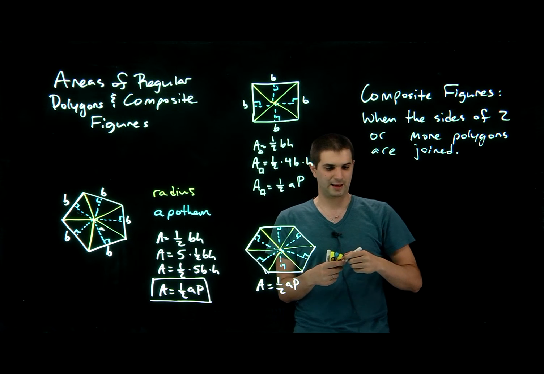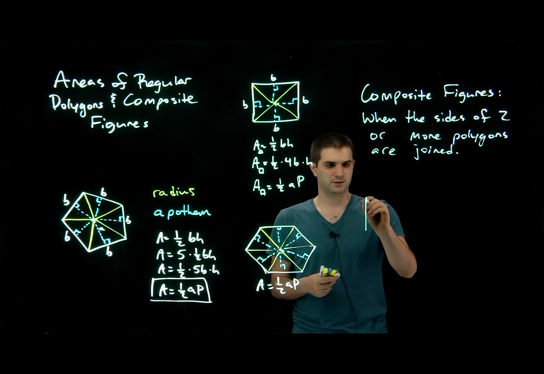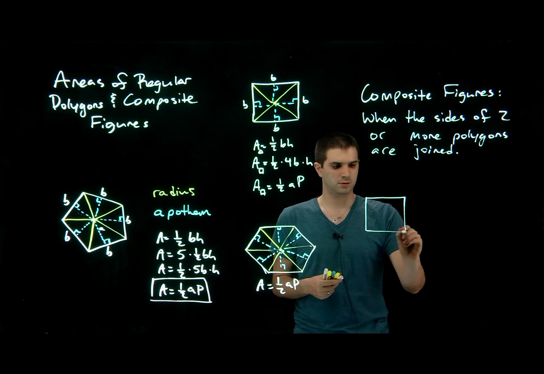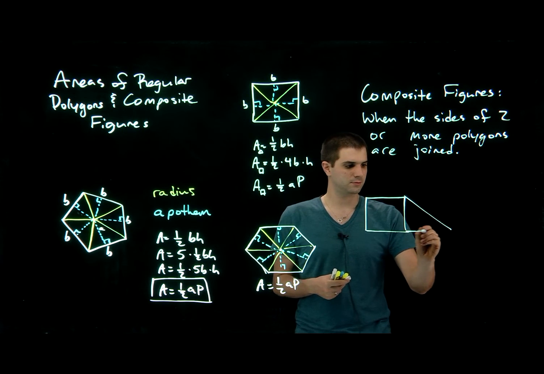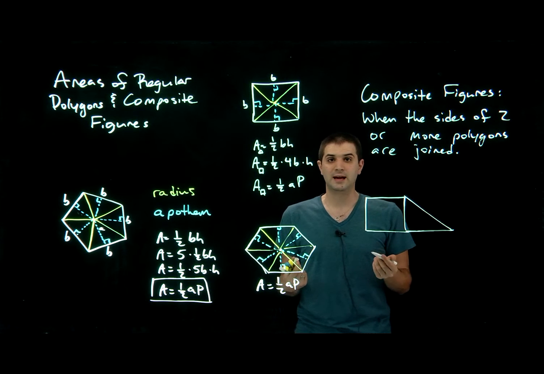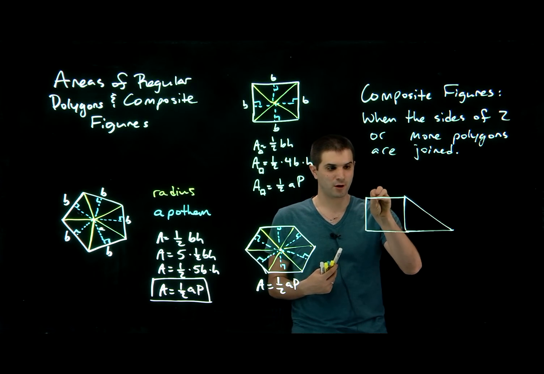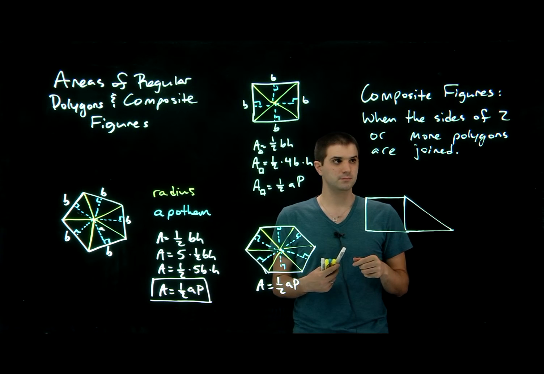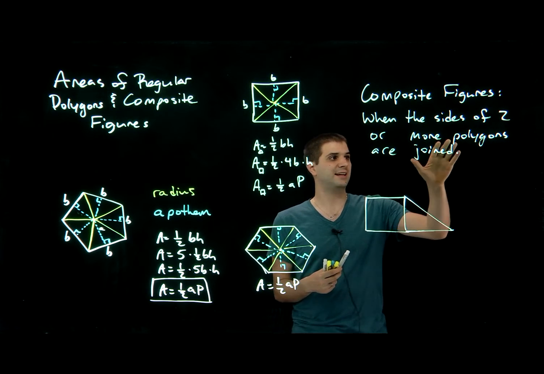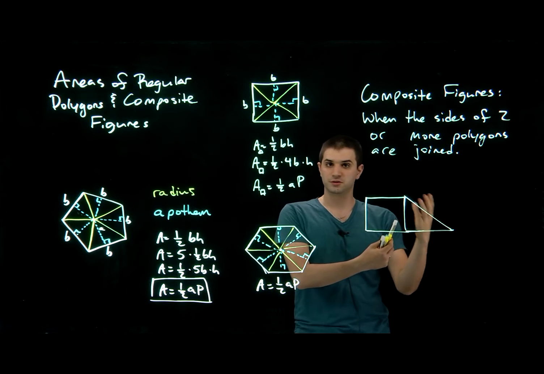Okay, let me draw an example of this. Let's say we have a quadrilateral and a triangle. If you want to find the area of a composite figure, what do you have to do? Well, you have to find the area of all the figures, right? This is not just polygons. We can also throw circles in here as well.